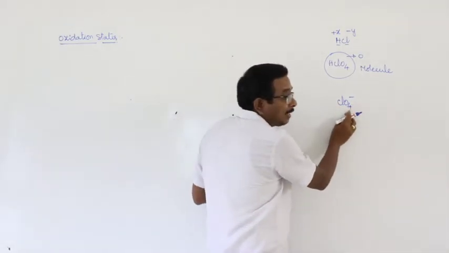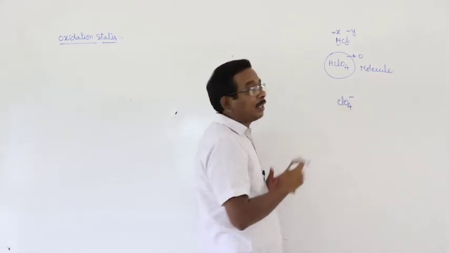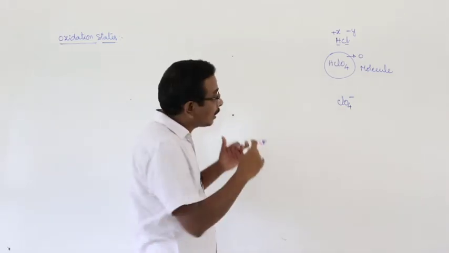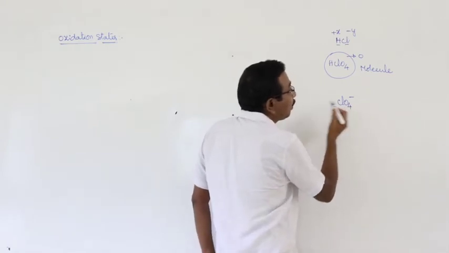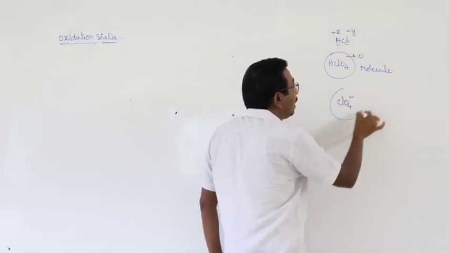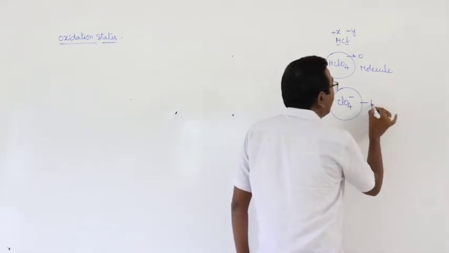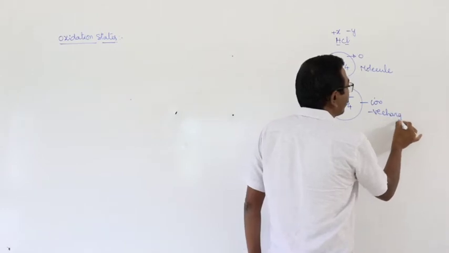Here 4 oxygen atoms and 1 chlorine atom are present, totally 5 atoms. But unfortunately, there is a negative charge which is related to the ion as a whole. Now this is not represented as a molecule. This is represented as an ion that appears with a negative charge.